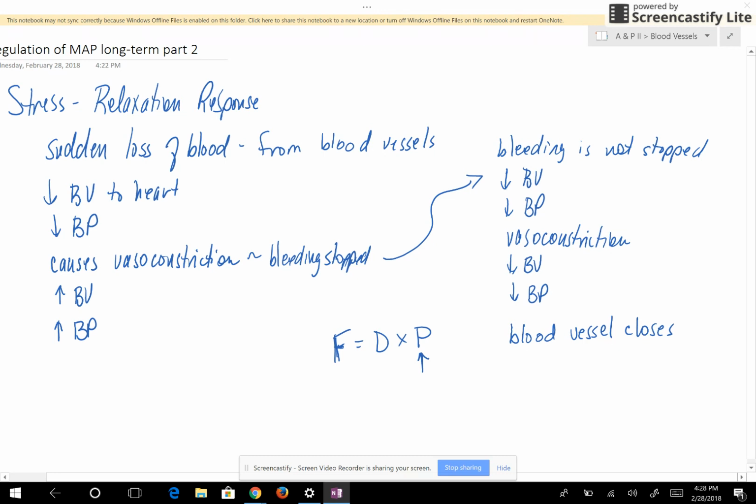So when the blood vessels close, the heart does not receive blood. And of course, then the heart will stop beating. That's the summary of long-term regulation, part 2.